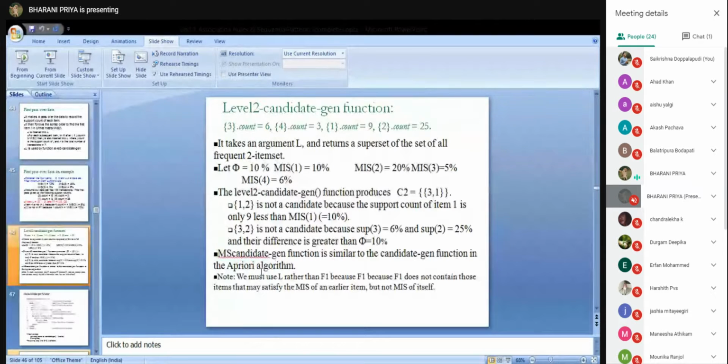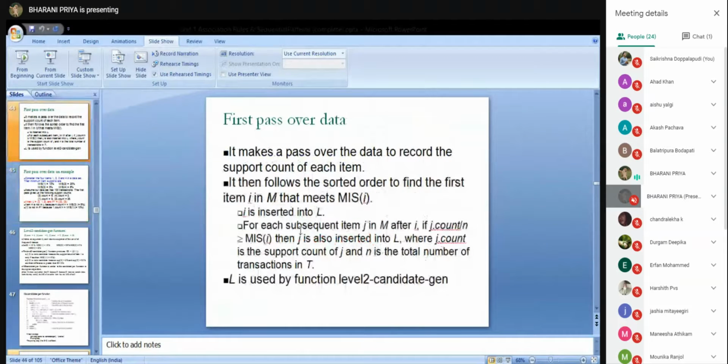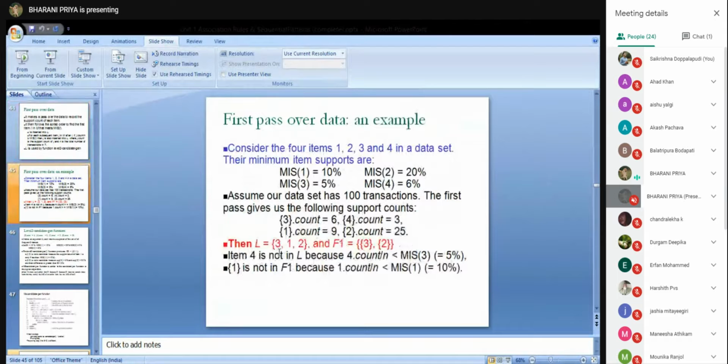For generating the L values, the rule you are following is for all the subsequent items in M, the support count should be greater than the MIS value of item i. Using these rules, you are generating F1.